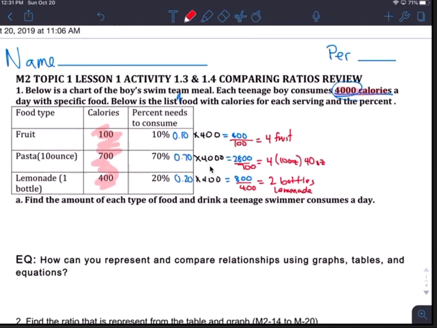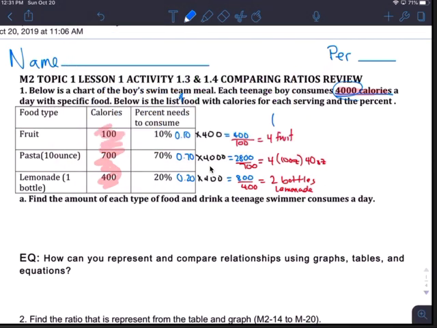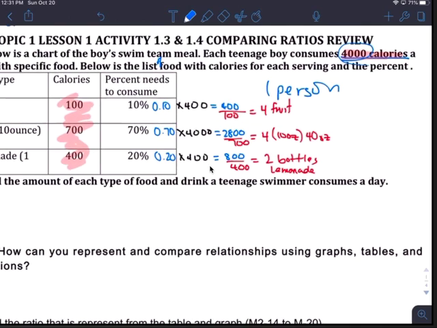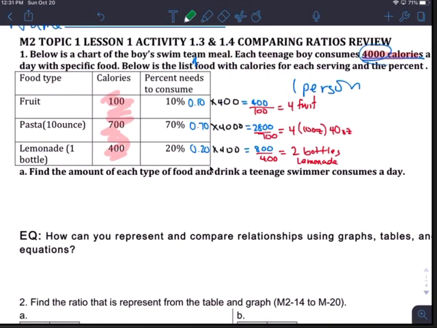All right, this is for one person. One swimmer. The question asks on A, find the amount of each type of food and drink a teenage swimmer consumes a day. So they consume 4 fruits a day, 40 ounces of pasta, and 2 bottles of lemonade.